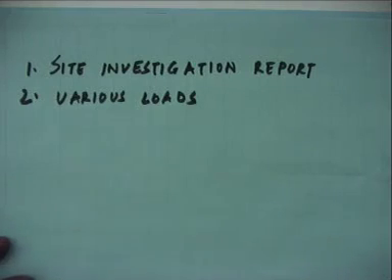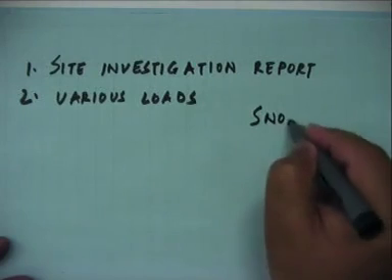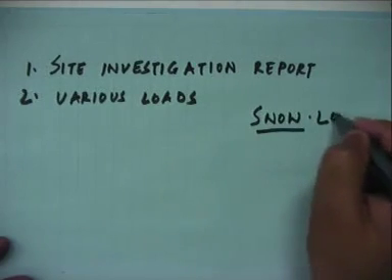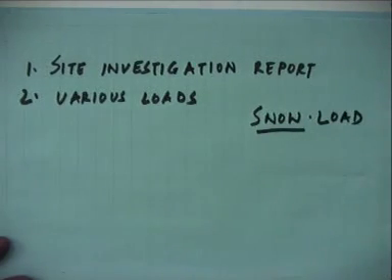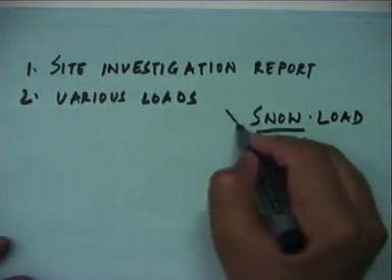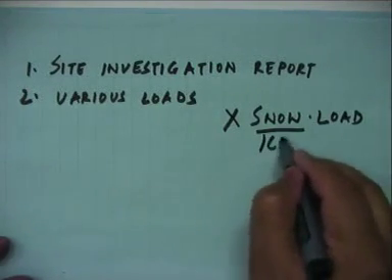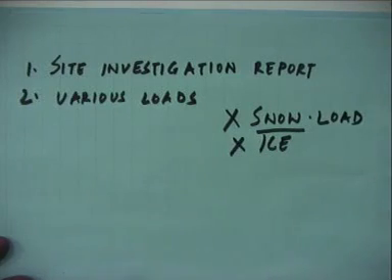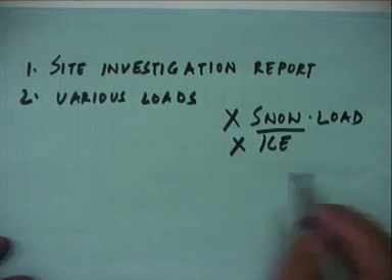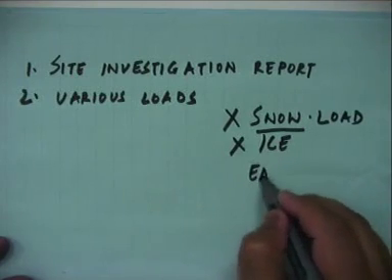For example, for hilly region, snow load could be an important load type, but in a place where there is no possibility of snow, you don't consider snow load or ice load. In an area which is not earthquake prone, you don't consider earthquake load.